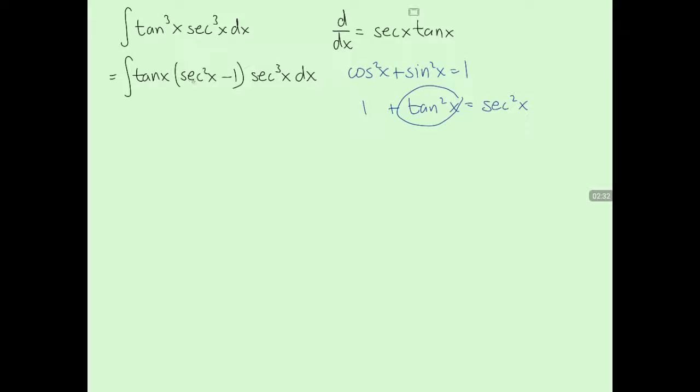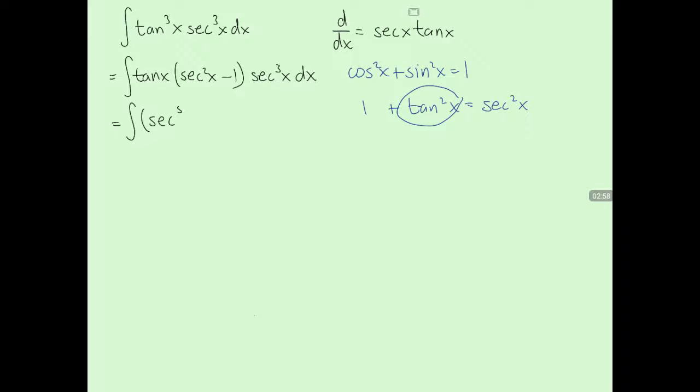So we can expand, but we want to keep one secant x because we want one secant x tan x in here for our integration by substitution. So let's just rearrange this. We're going to multiply a secant squared into this parentheses.